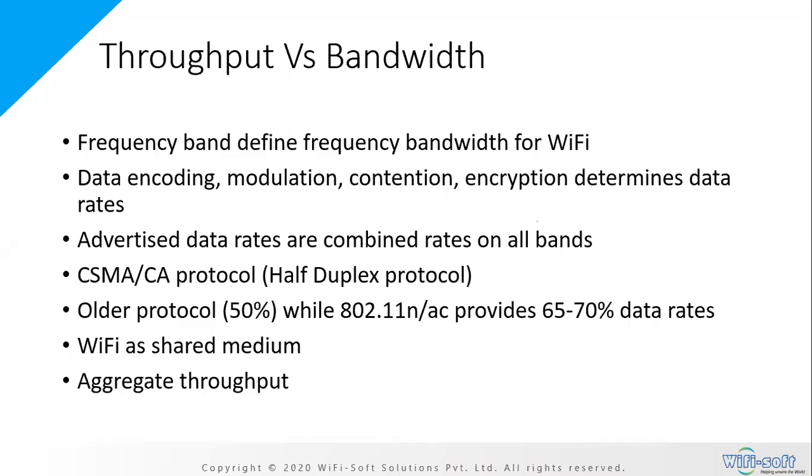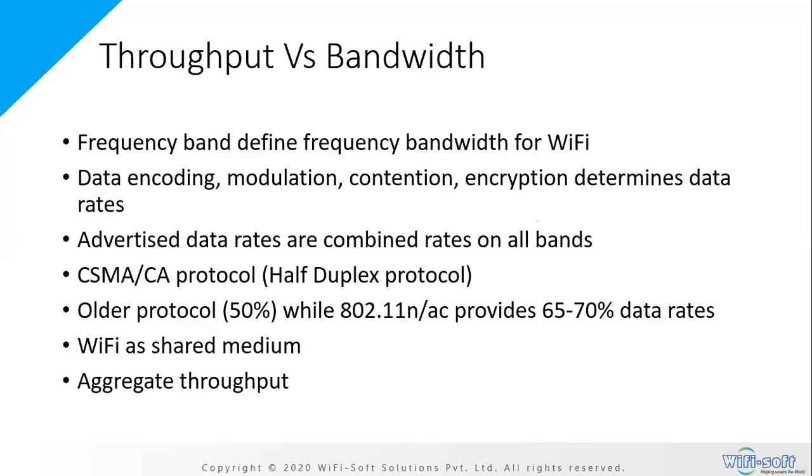Automatically, your bandwidth, whatever the frequency bandwidth that you're talking about, is divided by 50% for older technologies. Older protocols, the A, B, G protocols that were used earlier, people don't use them now. With 802.11n and AC, they have done some intelligent things and reused some of this. So in a sense, you get about 65 to 70% of the actual data rates when you have deployed it in an ideal scenario in your premises.